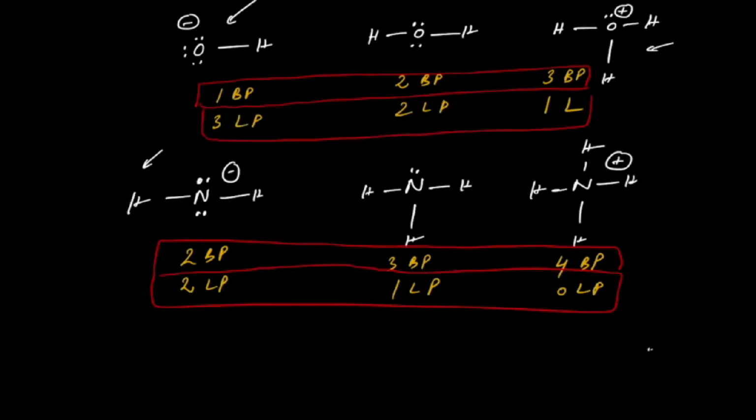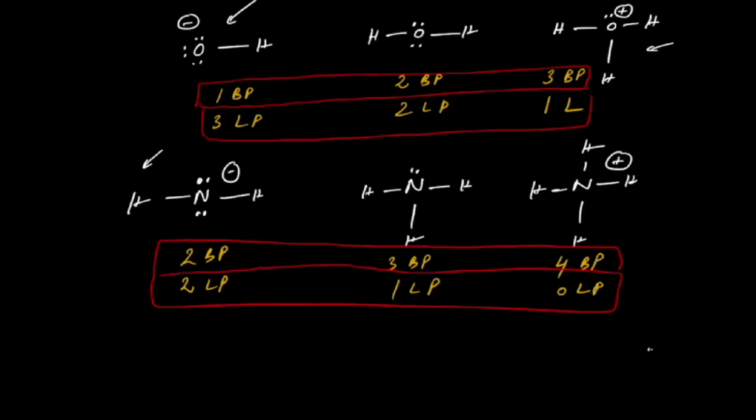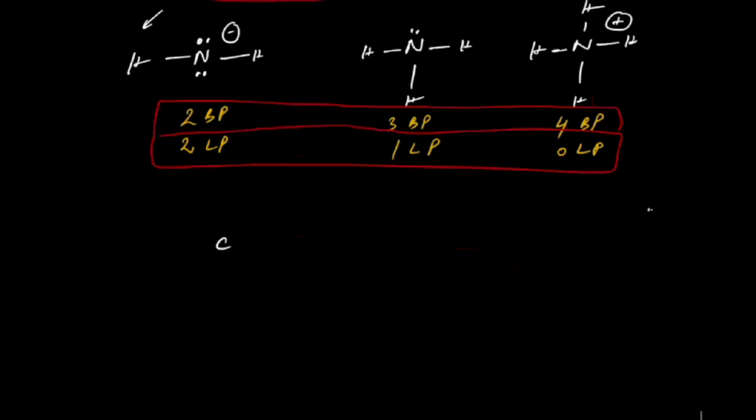Okay. Now let us talk about carbon. Now carbon generally has four bonds. For example, in methane, it has four bonds.